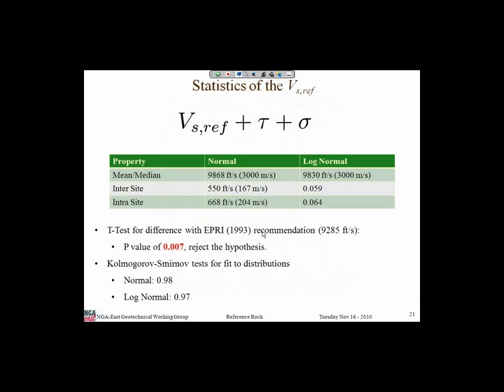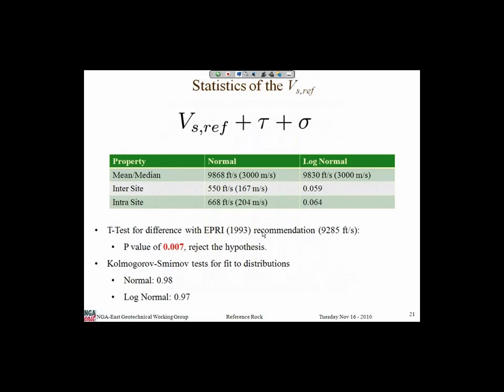And this is where we have the statistics of VSREF plus tau, which is intersite variation, plus sigma, intrasite variation. You can see that we are coming up with a mean or a median of about 3,000 meters per second, whether we use a normal or log normal. There's a slight difference for the distribution, but they're about the same.